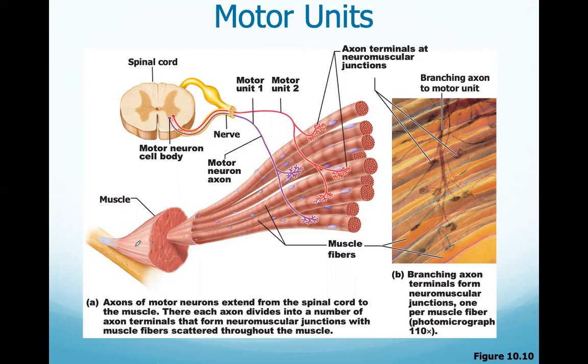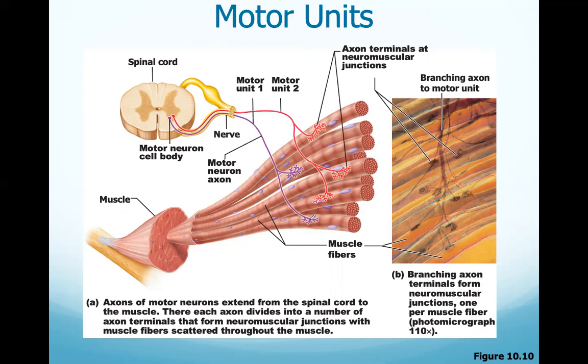You have literally millions of muscle fibers, which makes it very difficult to have one neuron for each of them. So in reality, the axon of a neuron comes in, branches, and forms many axon terminals, as you can see right here. So here is your axon, here are multiple axon terminals.